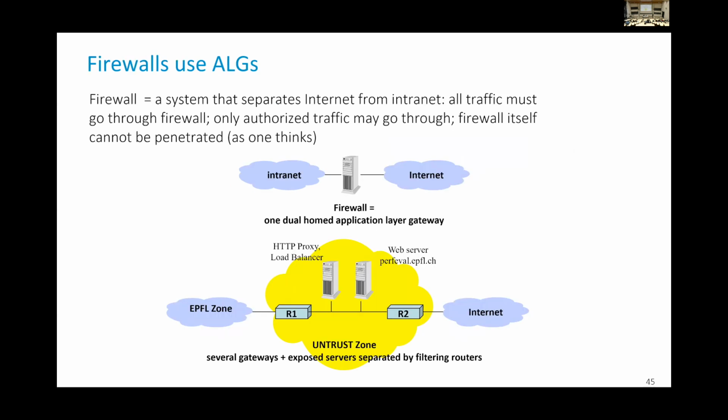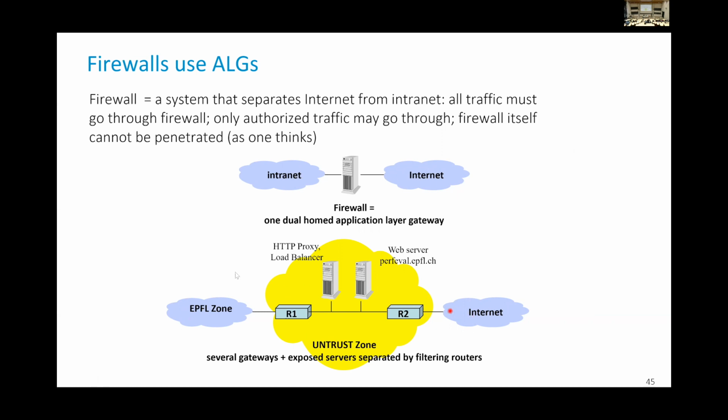Another application is, for example, separating a network between different zones. For example, EPFL is separated between a number of zones. Here is a simplification of what happens. We can have an intranet zone and an untrusted zone. The untrusted zone is the part of the network where you have the servers that are exposed to the outside.